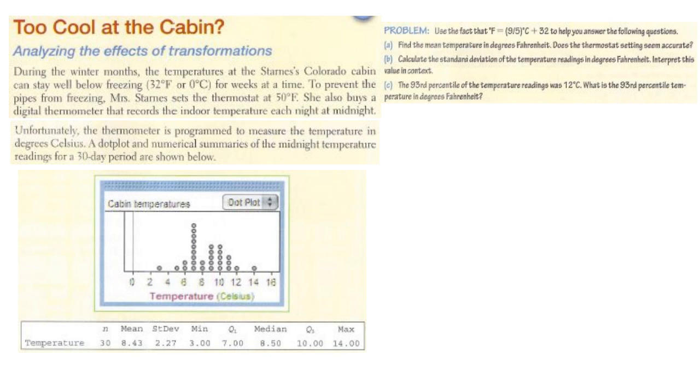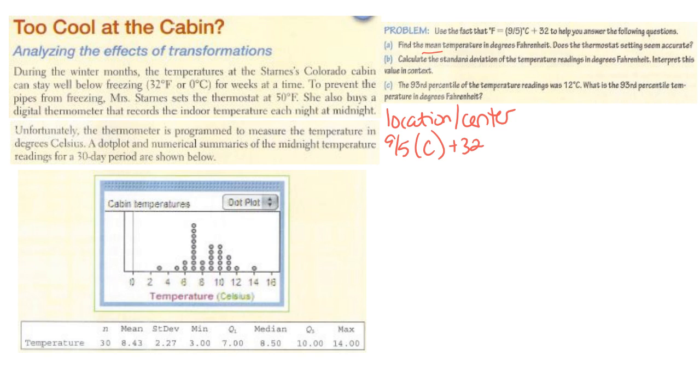Okay, so let's look at part A here, asking us to find the mean temperature in degrees Fahrenheit. And does the thermostat setting seem accurate? So mean is a form of location and center. So remember, our conversion here multiplies by a constant as well as adds a constant.